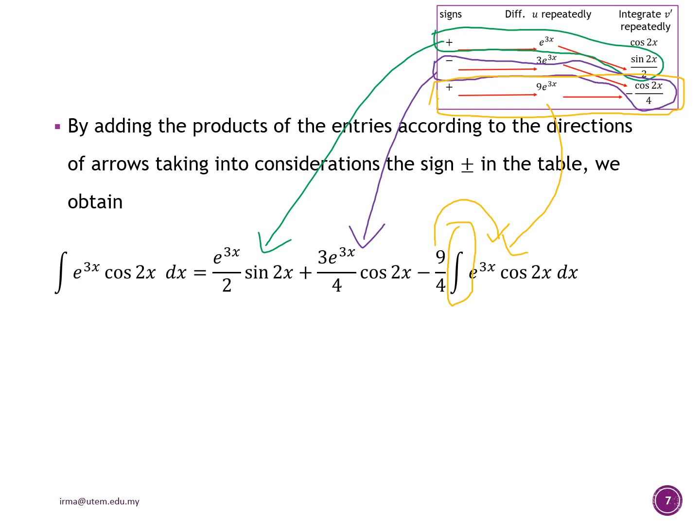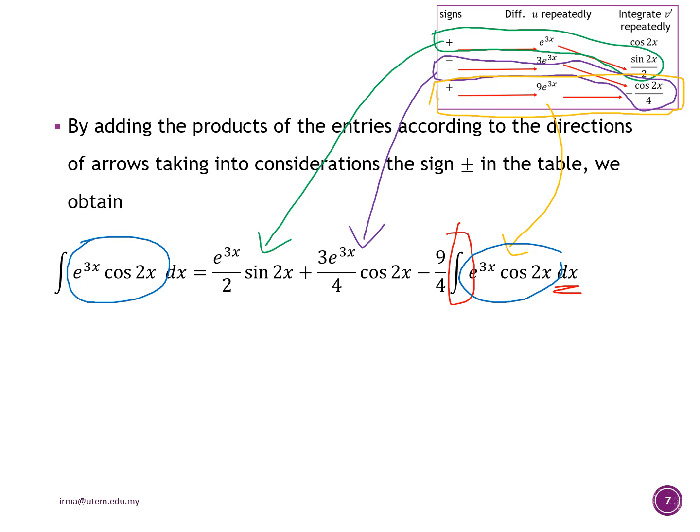Now, since you still have the integration, if you look, this is exponent 3x cos 2x, and this one also is exponent 3x cos 2x, and both have the integral.